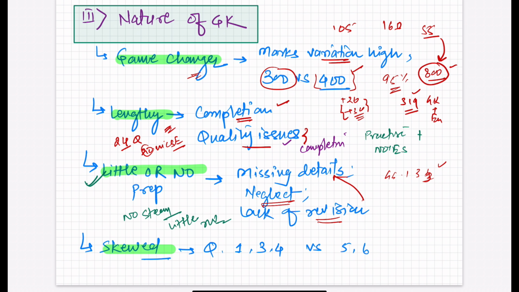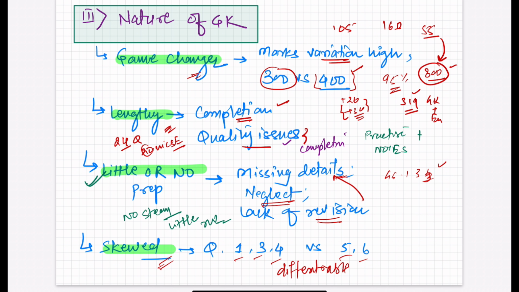So if we have prepared some details, some notes, some quality content based on some prepared reflective topics, then our job becomes very easy, not only in terms of preparation but also in terms of recall and completion of paper. And one more thing we need to consider for scoring high is the skewed nature of questions. Like I have discussed earlier, the approach towards question number 1, 3 and 4 versus question number 5 and 6 must be differentiable.